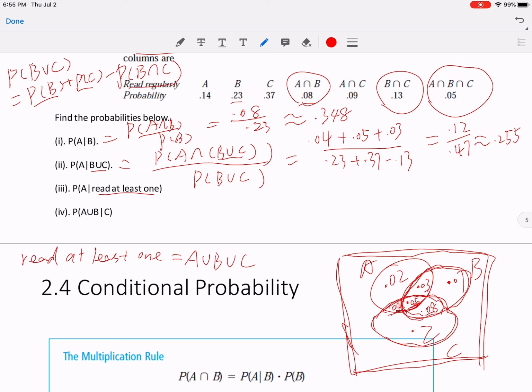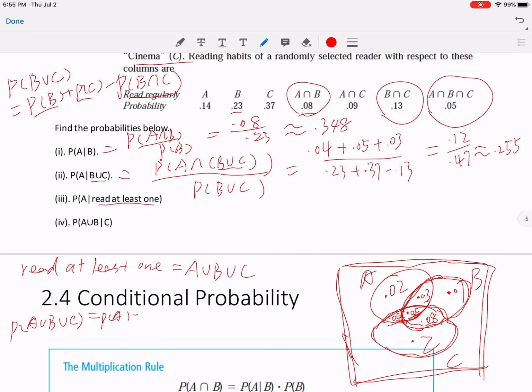Now how can we find the probability of A union B union C? Based on what we learned in the previous video, the probability of A union B union C is equal to the probability of A plus the probability of B plus the probability of C, minus the probability of A intersection B, minus the probability of B intersection C, minus the probability of A intersection C, plus the probability of A intersection B intersection C. We can find each probability in this expression from the table here, and we just plug them in.